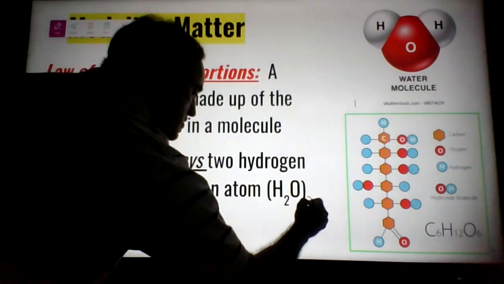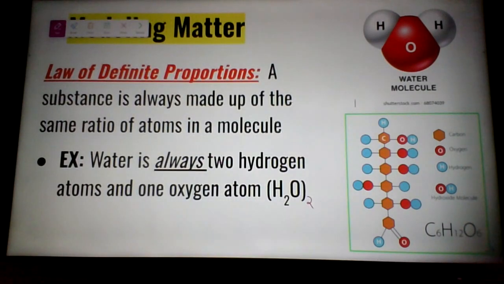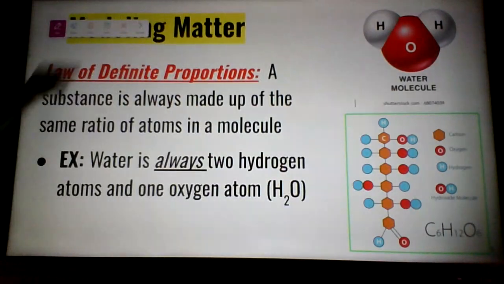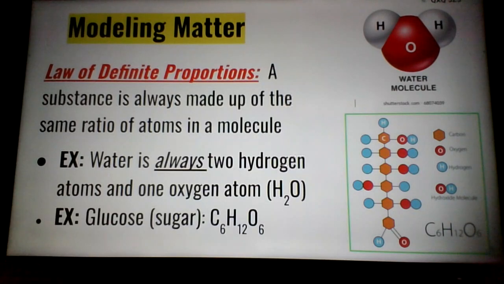If we were to put a 2 here after the oxygen, it'd have to be inside parentheses, I just needed room. That would no longer be water. That would be something called hydrogen peroxide. Water is going to be H2O every single time, no exceptions. Now there are different kinds of sugars. This kind is called glucose.